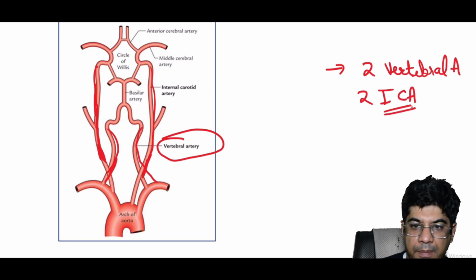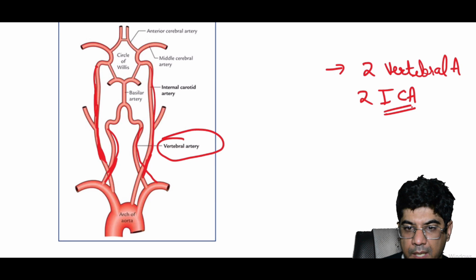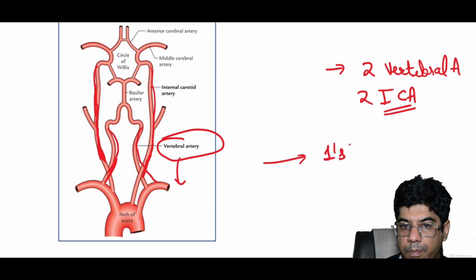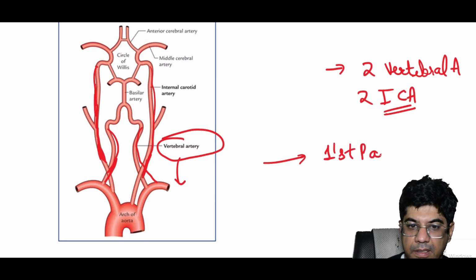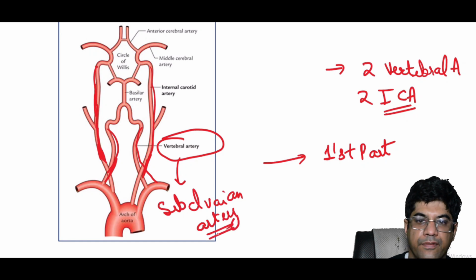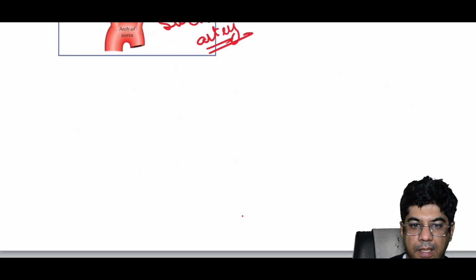So let's start with the vertebral artery. The vertebral artery, remember, is a branch of the first part of the subclavian artery. So remember, there are four parts of the course of the vertebral artery.